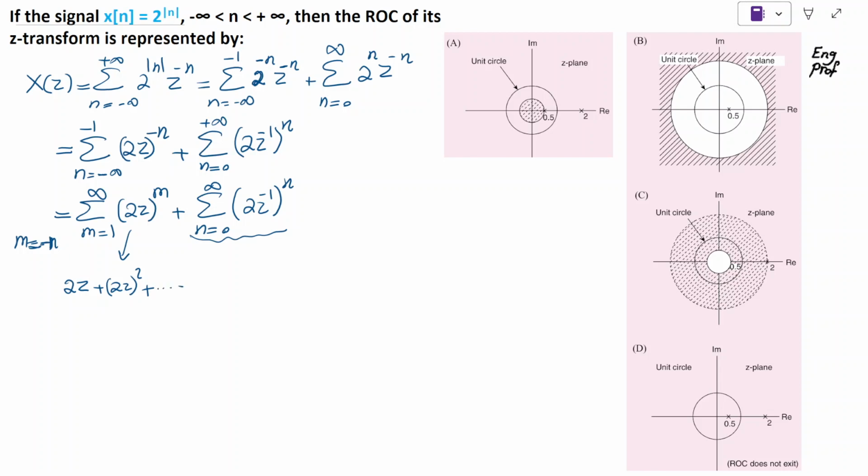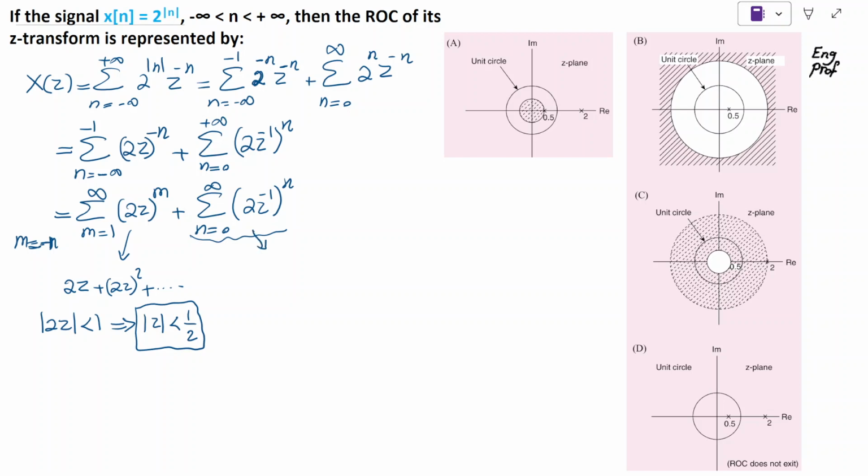If you want this to converge, then the absolute value of 2z has to be less than 1 for the region of convergence of this geometric series. That translates to the absolute value of z being less than 1 over 2. So that is the condition for the first summation.